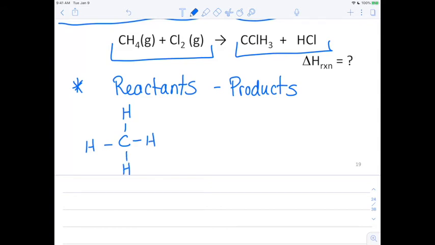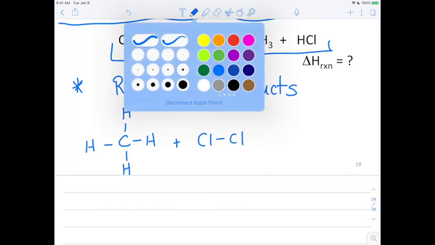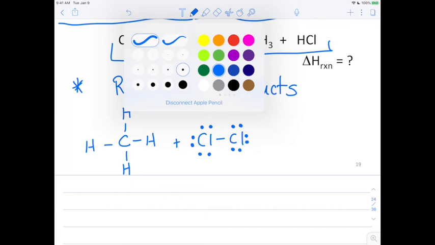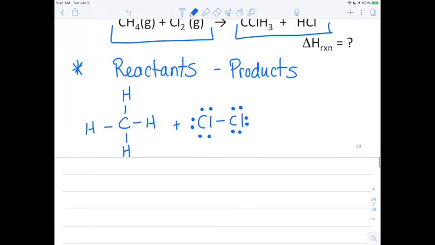So here is our CH4, and our Cl2 looks something like so, and I'll go ahead and put in those lone pairs. So those are our reactants, and on our product side, we have a carbon, 1 chlorine, and 3 hydrogens.